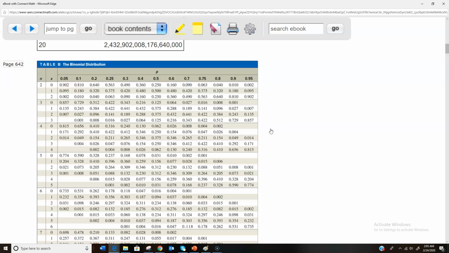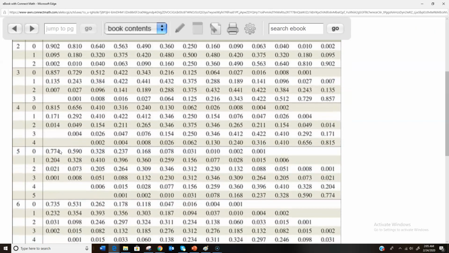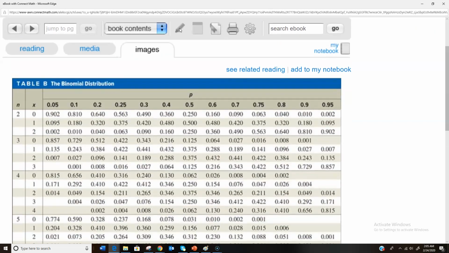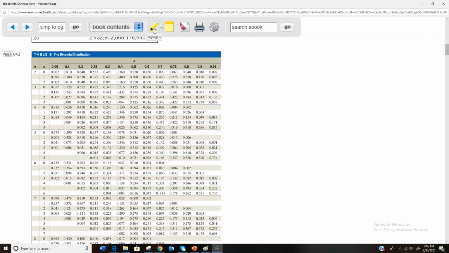Okay, so we're going to go off of what we had. Our P is listed up here at the top. Your N is here, your X is here. So in this case, our N is 3. I'm going to try to highlight our things here.